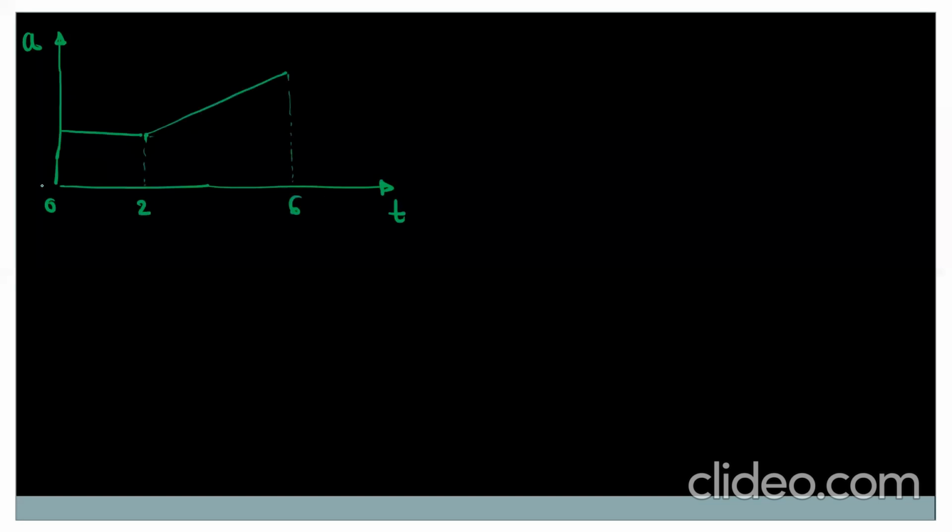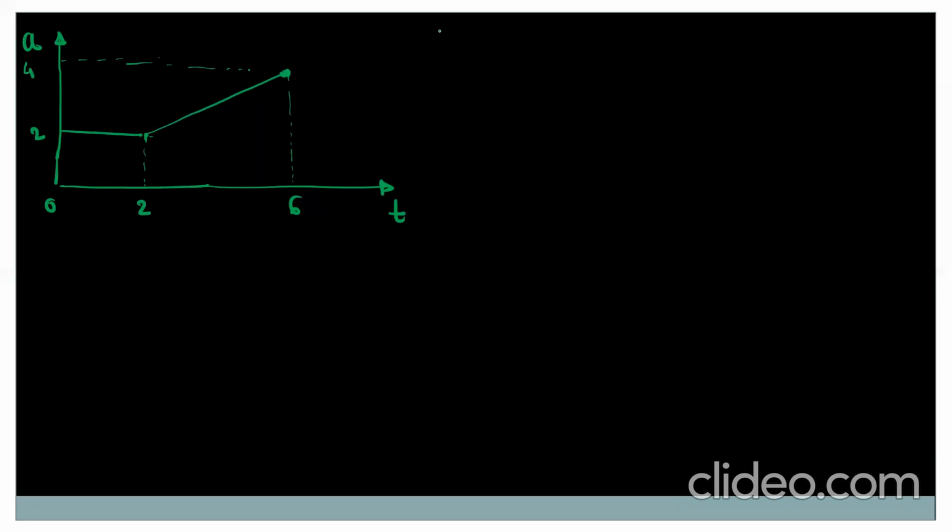So for 0 to 2 seconds, acceleration is constant. This constant value is equal to 2 meter per second square. And from 2 seconds up to 6 seconds, acceleration is increasing, and this acceleration becomes maximum, and this maximum value is equal to 4 meter per second square.